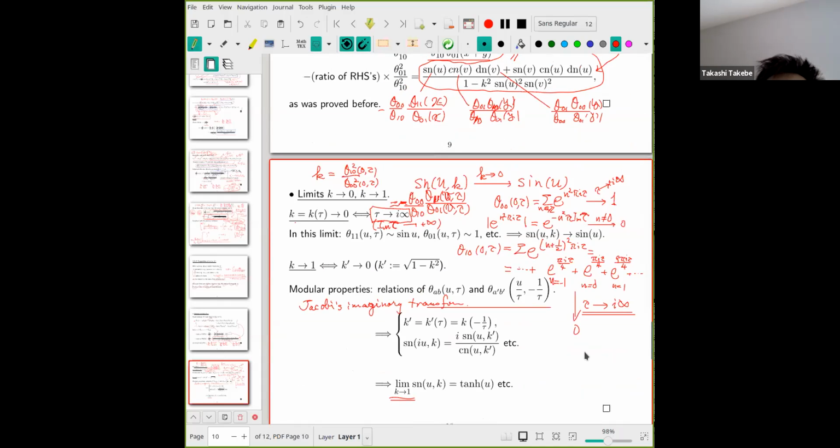Another proof is related to some deep properties of theta function, modular transformation, or Jacobi's imaginary transformation, which relates such theta function with modulus tau.